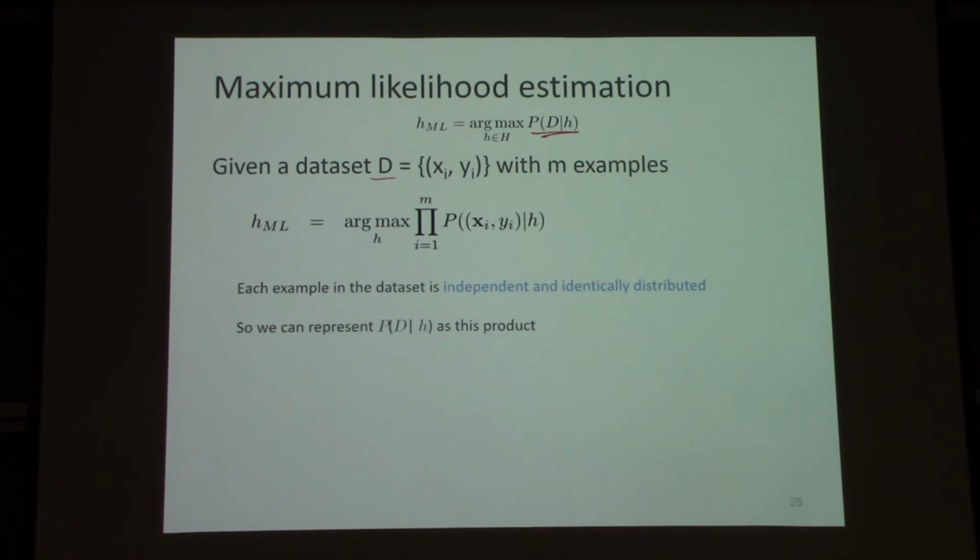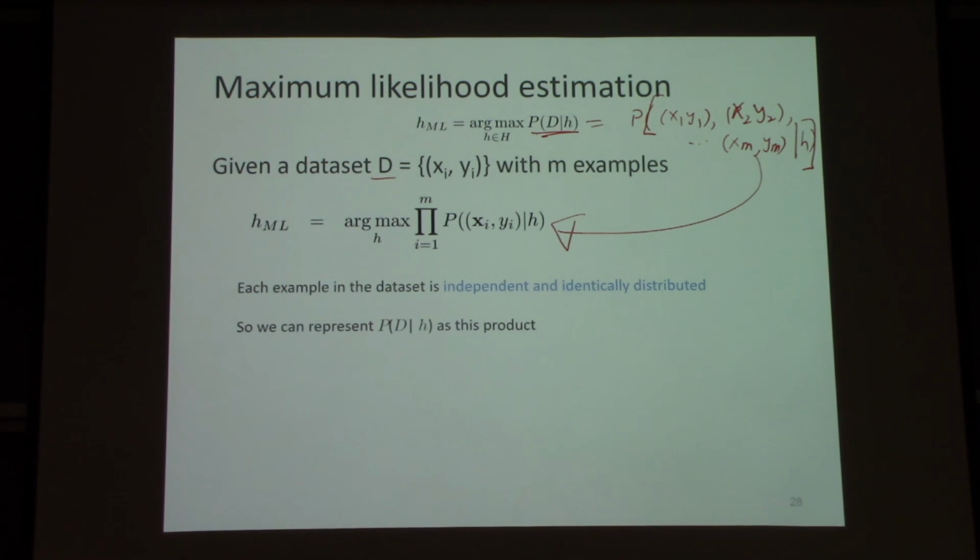So the probability of the data is the same as the probability of x1, y1 and the probability of x2, y2 all the way to xm, ym given the hypothesis. And we assume that each example is independent of all the other examples given the hypothesis, so we can write this term as this product.